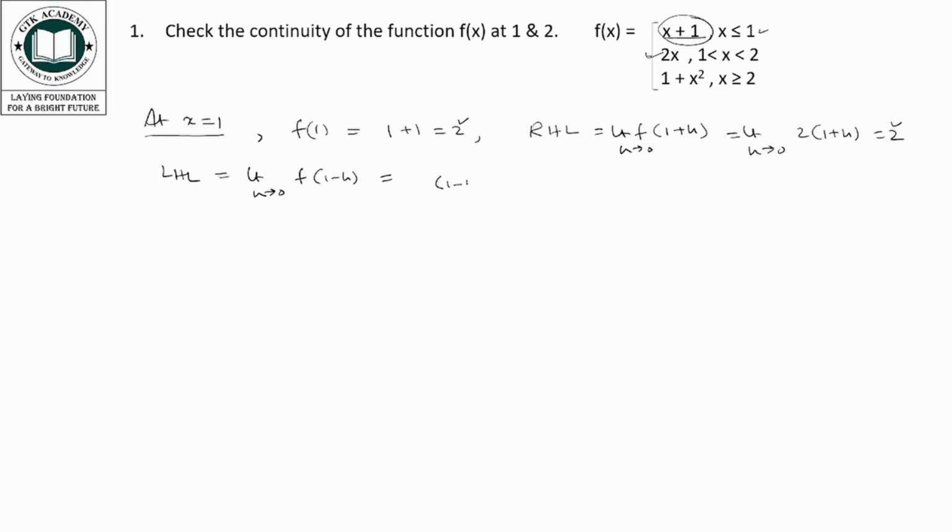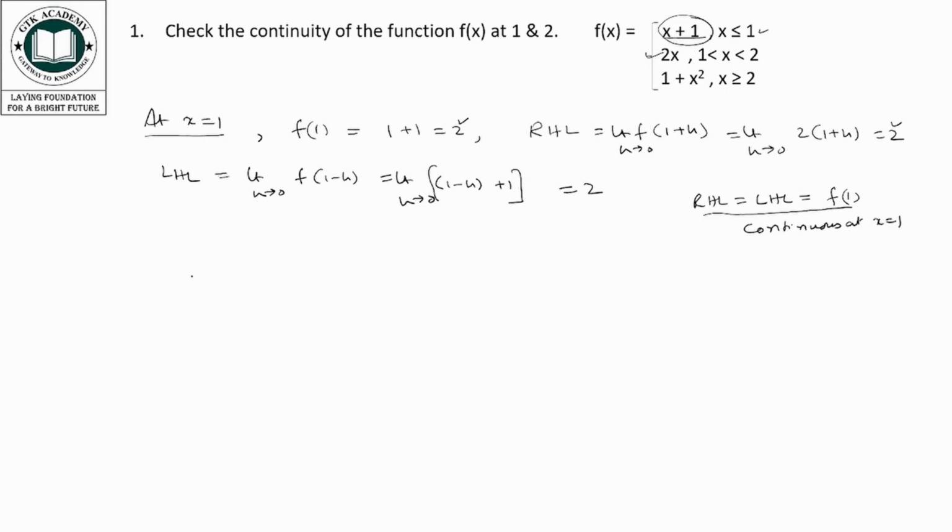So 1 minus h plus 1, limit h tending to 0, which is equal to 2. Now right hand limit is equal to left hand limit is equal to value of the function at 1. So the function is continuous at x is equal to 1.